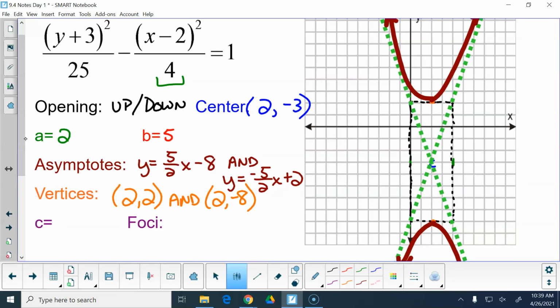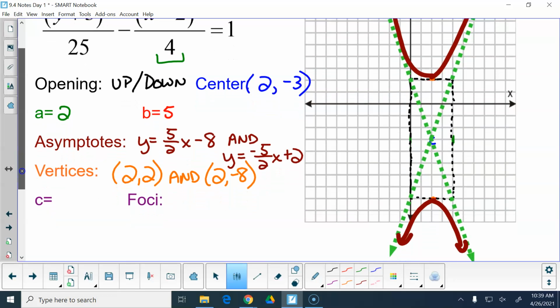Okay. Last, what do we got to do? Pythagorean theorem. A squared plus b squared equals c squared. Okay.